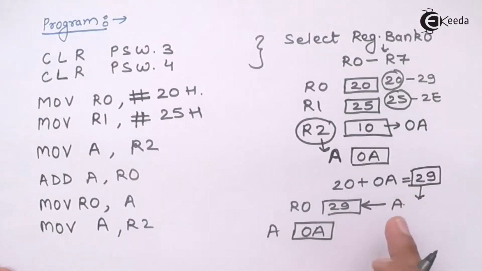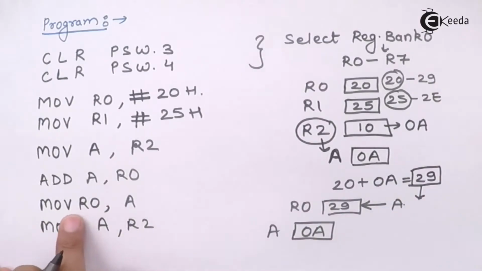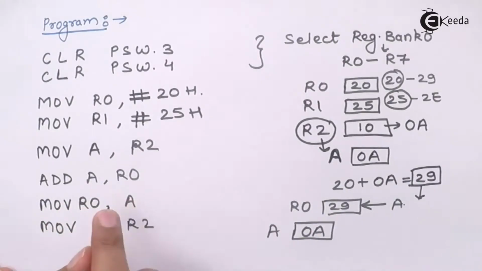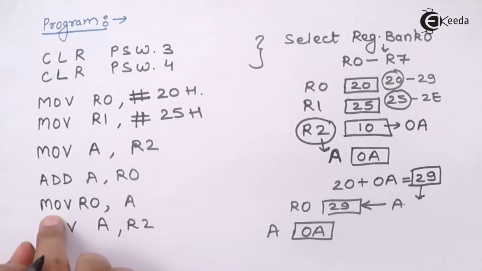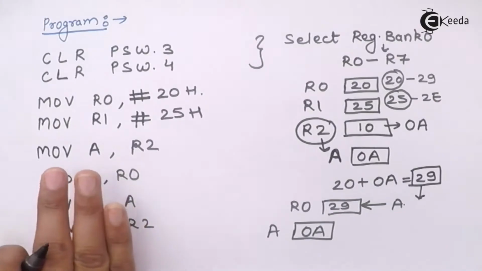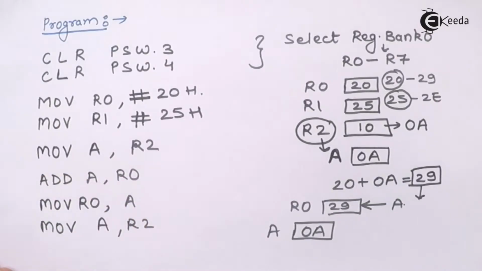When we are moving any contents, it doesn't mean that the source has removed those contents. It has just copied those contents from the source to the destination memory location. Just copy is done, no removal or erasing of the data. So again A is going to carry 0A.